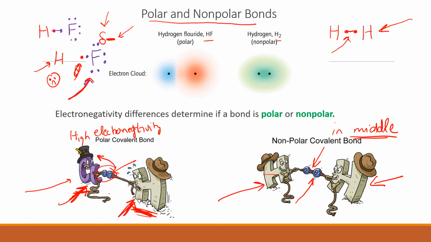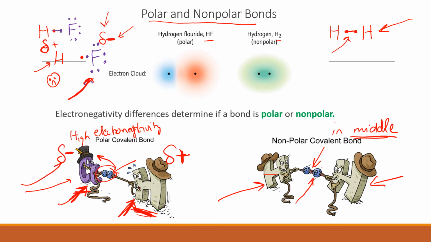Now, because fluorine has gained the electron, hydrogen must have lost some of that electron. So hydrogen gets a positive charge. Again, it's called delta positive because it has not completely lost it. So there will be a partial positive charge on hydrogen and a partial negative charge on fluorine. Similarly, in this case also, this hydrogen, poor hydrogen, will get a partial positive charge because it has lost part of its electron, and chlorine will get a partial negative charge.